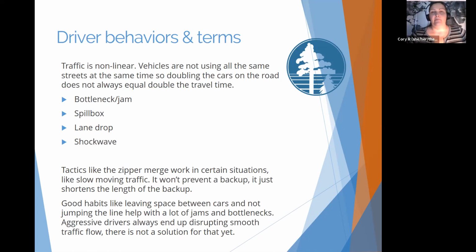I know we've all heard of what a bottleneck is. We know what a traffic jam is. Does anybody know what a spill box is? Put a frowny face in if you don't know what the spill box is. All right, I got 1 frowny face, 2 frowny faces, 3. Perfect. I love it.